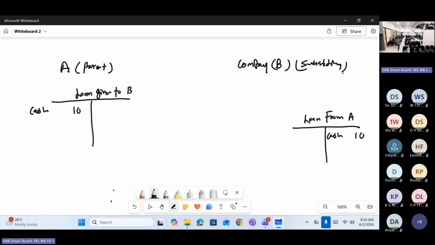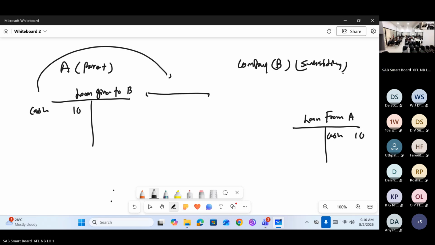So when did this transaction happen? The transaction happened on 30th June. We are preparing financial statements for 31st December 2025.